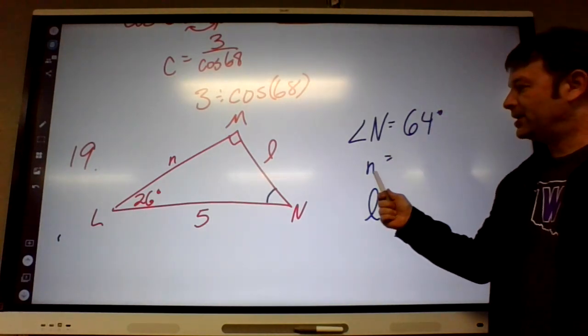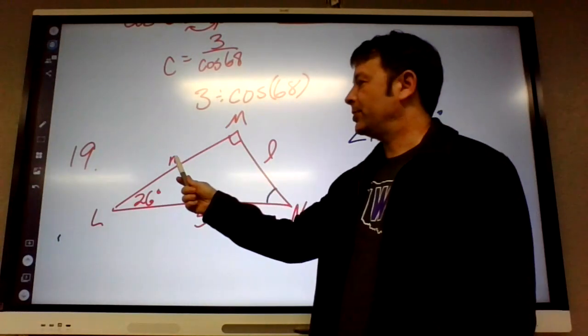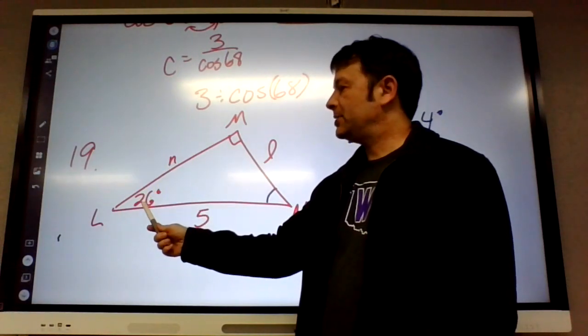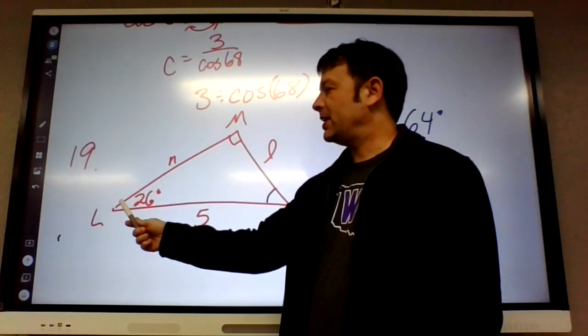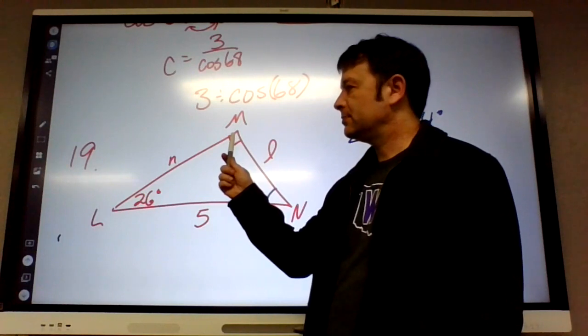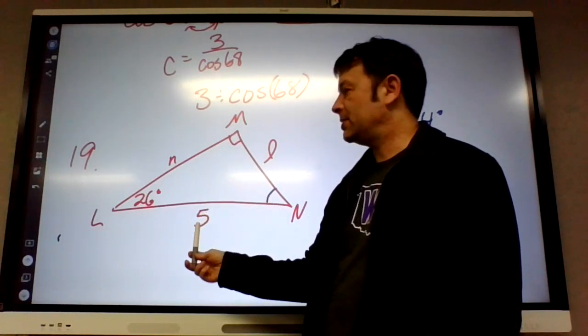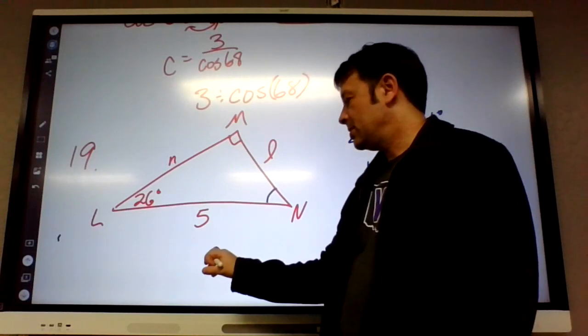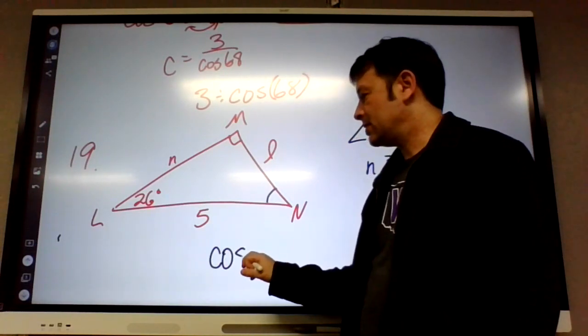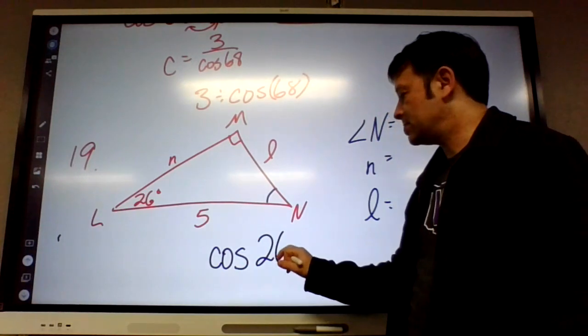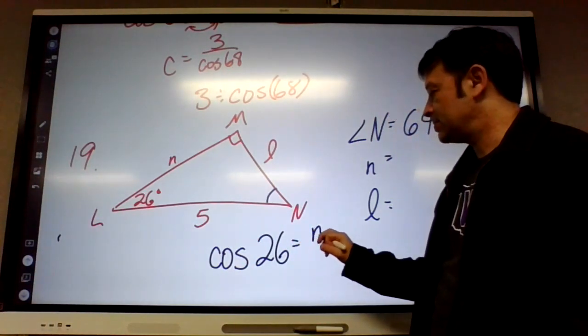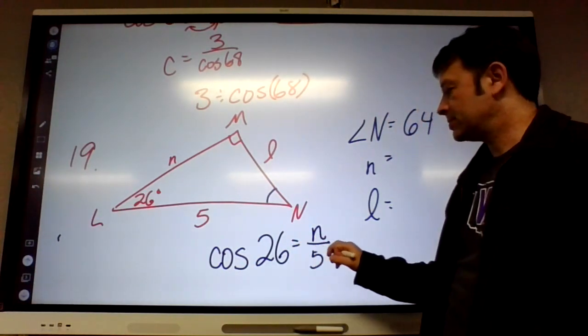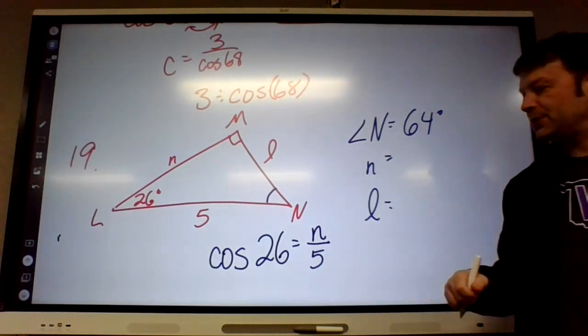For side n, we're going to start with an angle. Relative to this angle 26, side n is the adjacent. And this is the hypotenuse. Which trig function does adjacent and hypotenuse? Cosine. So cosine 26 equals adjacent over hypotenuse. So it's just cosine 26 times 5.